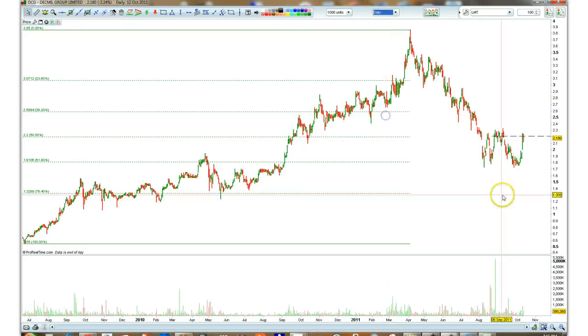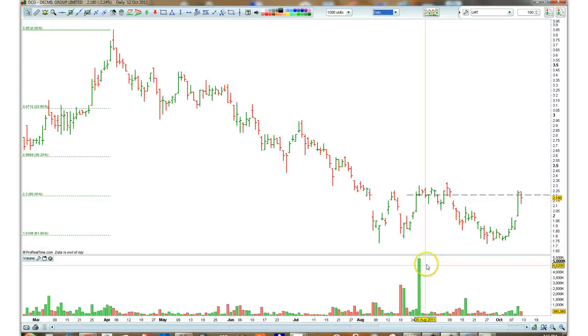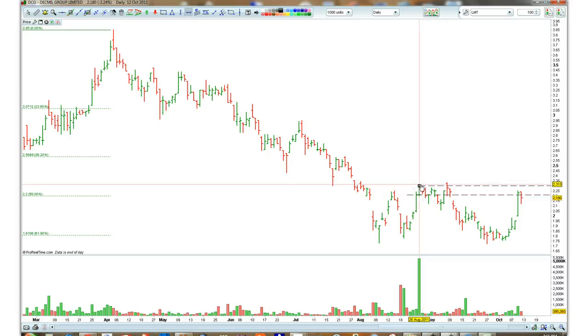If we look at the daily, this is the worry here, this really high volume here, ultra high volume and very narrow spread. That's professional selling there, no two ways about it. That's what knocked it right back, and you would have got a short setup there because you got some no demand appearing around that area, some narrow spread up bars.